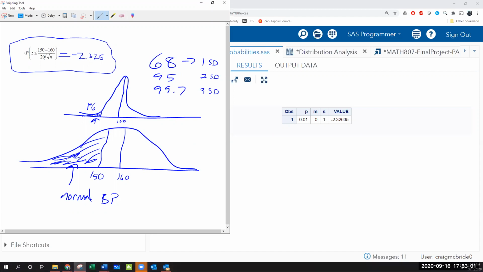So that's why it's 2.36. So we basically go down 2.3 standard deviations away, and that gives us 1% in the curve. So if we set this equal to negative 2.326 and solve for n algebraically, that's where you're going to come up with your sample size. You're going to get n equals something, and it should be right around 20-ish.